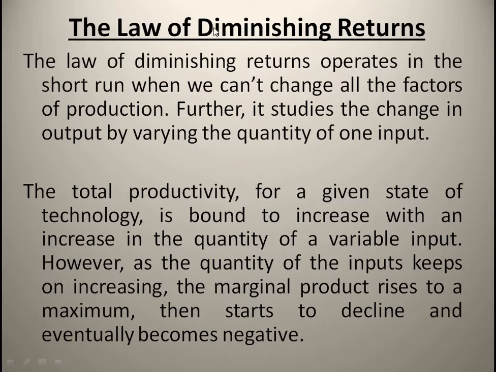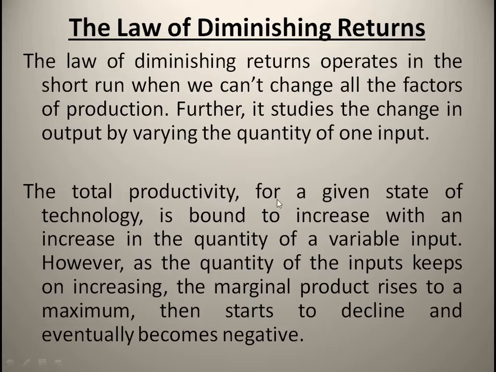As I said, in the short run, either we can change labor or we can change capital, but we can't change land, we can't change the organization. So what variation you show in one input will show you the change of an output is the study made by this law called the law of diminishing returns.